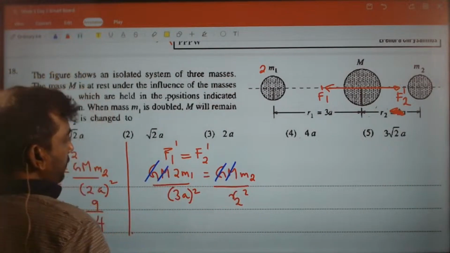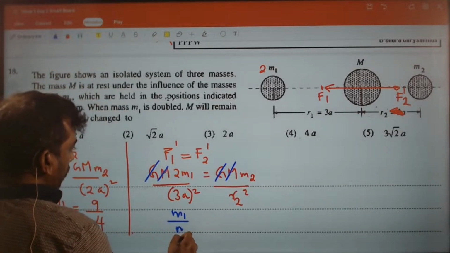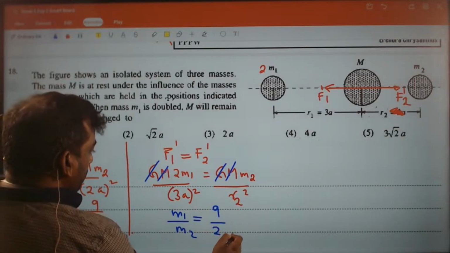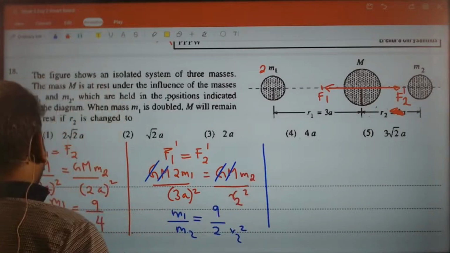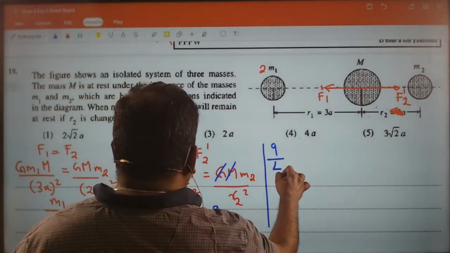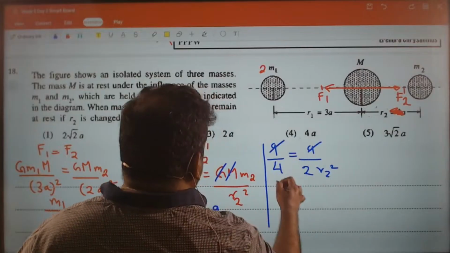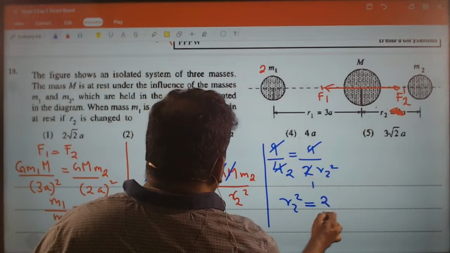G M cancels off. Simplify this. M1 over M2 is 9 divided by 2 R2 squared. What is M1 over M2? M1 over M2 is 9 divided by 4. So 9 divided by 2 R2 squared, 9 cancels off, 2 times 1, 2 times 2. R2 squared equals 2, so R2 is root 2. The A will come also, so 9A squared.